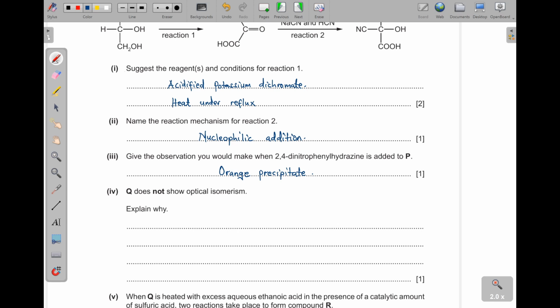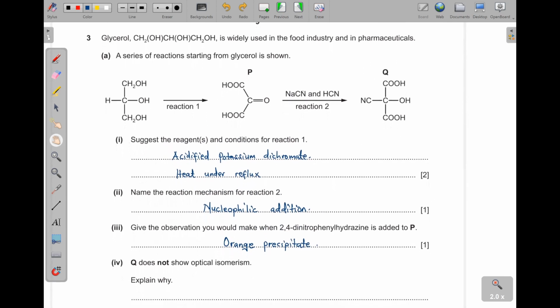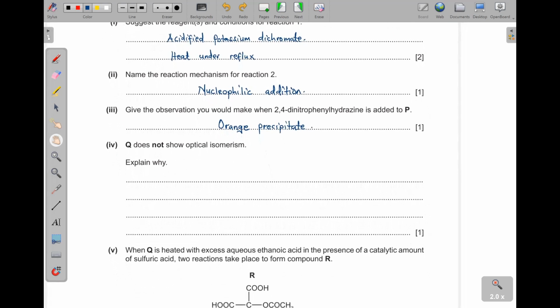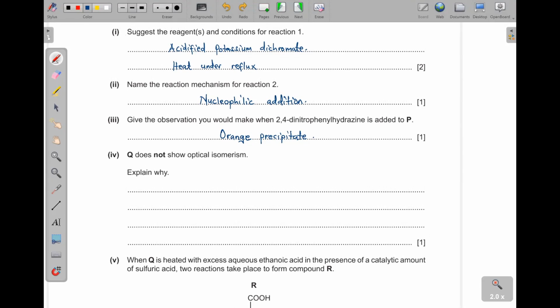Then Roman 4, Q does not show optical isomerism. Optical isomerism, remember, comes into place if we have a chiral center. That means that carbon must be having 4 different groups that are attached to it. You can see that this carboxyl group is the same as this one here. So it has 2 groups which are the same. So it cannot have the chiral center, and therefore no optical isomerism.